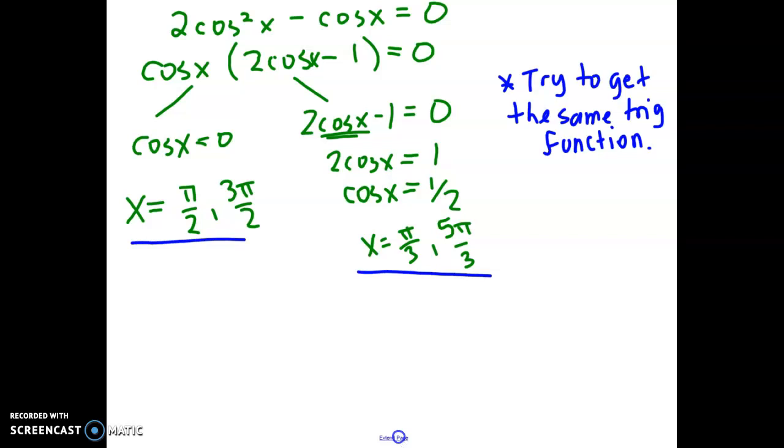But for this question, we were actually asked to find the general solutions. So the general solutions mean that you could keep going around the circle an infinite number of times and find all the coterminal angles.